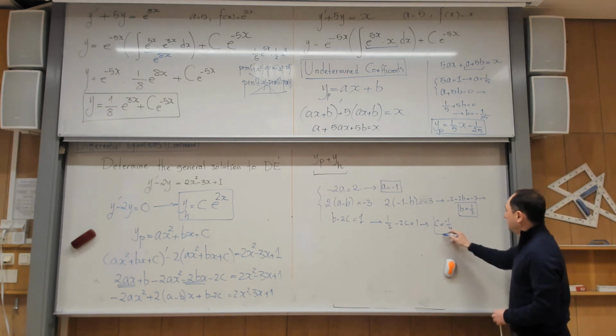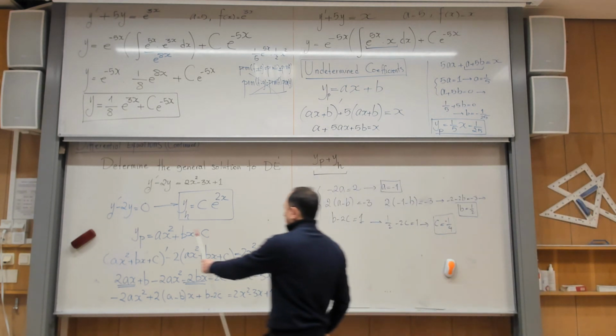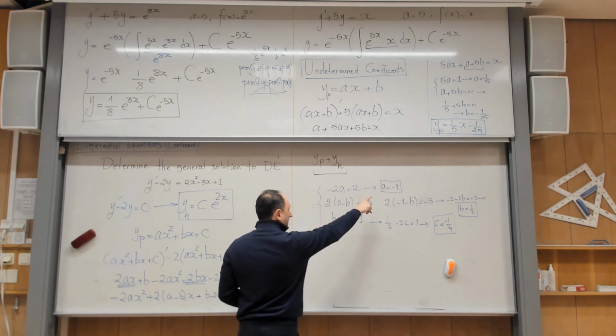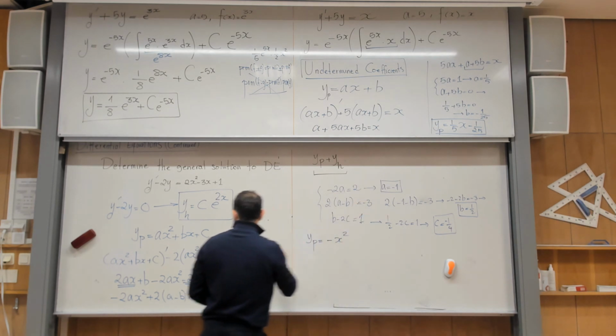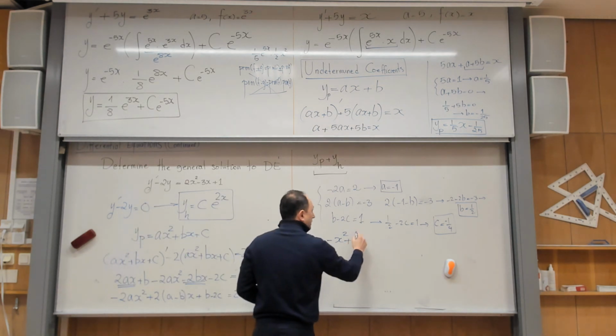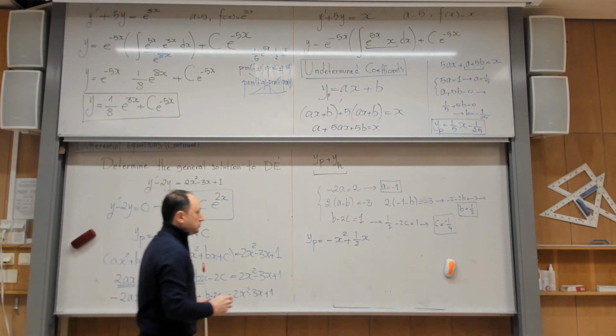So I hope that you agree that it is not that easy to guess these numbers. And then I put this back here. So I found my yp. What is my yp? A is minus 1, so it is minus x squared. B is 1/2, so it becomes 1/2 x. And then C is minus 1/4.